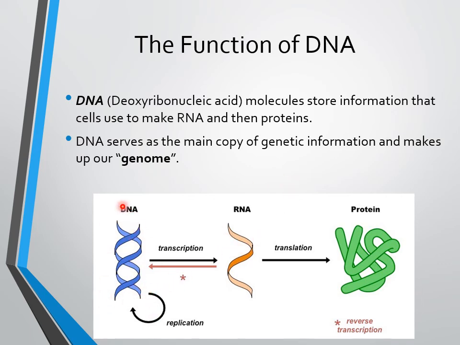So DNA never actually leaves the nucleus. It can be replicated like this, and we'll talk about DNA replication at a later point. But DNA never leaves the cell. It's the RNA that leaves. Like I said, we'll talk about protein synthesis and what transcription and translation are later. But that's just to show you that we go from DNA to RNA to protein.